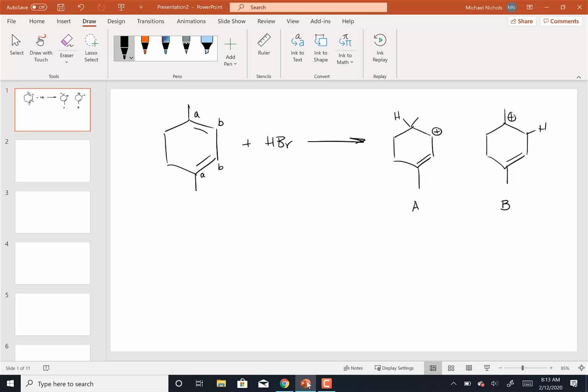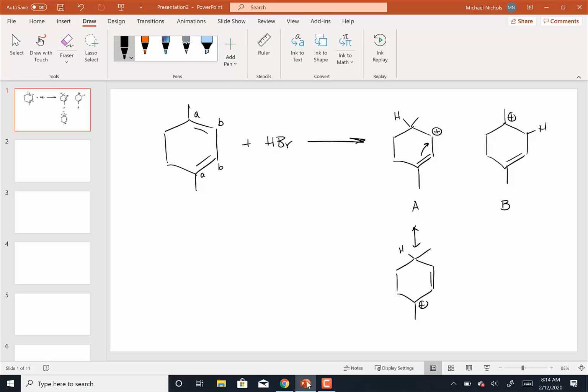Why did I start with this problem? Because in this case, we've got two arguments that we could have. We could say, okay, it's going to add to A to make the allylic carbocation, because once I make that allylic carbocation, what's going to happen next? I'm going to draw a resonance structure. So once I add the H plus to A, I'm going to go ahead and draw the resonance structure for A. And that's going to look like this.